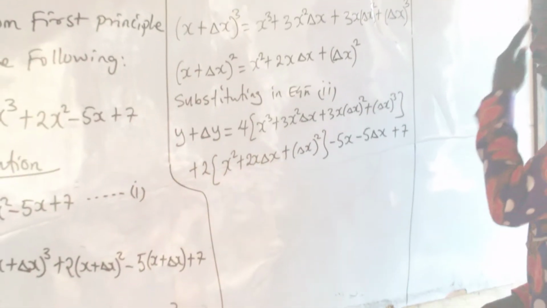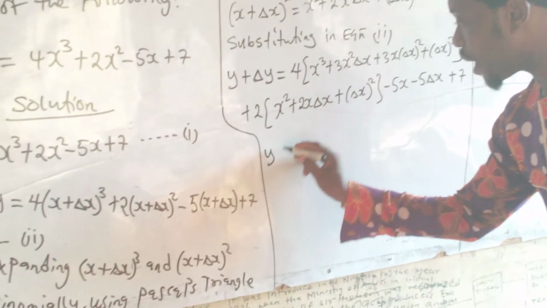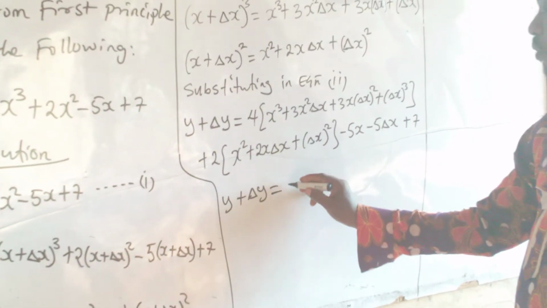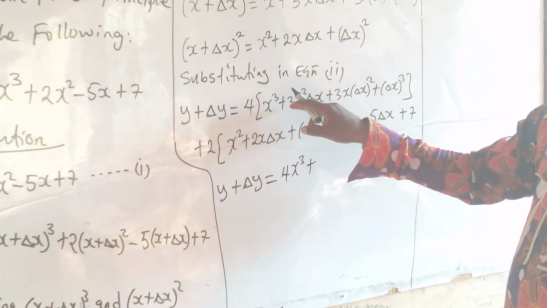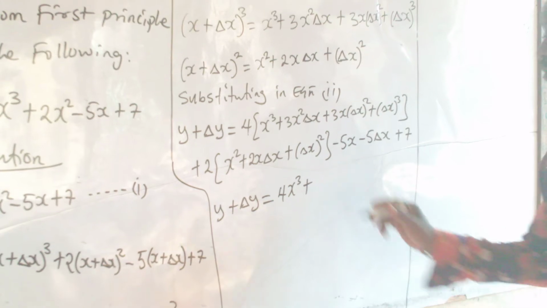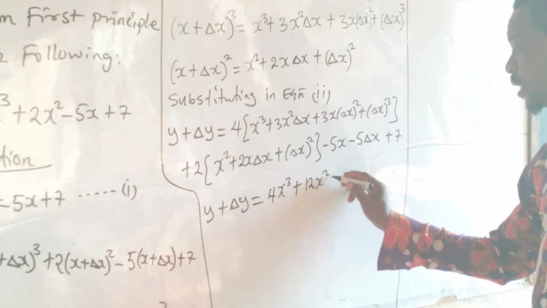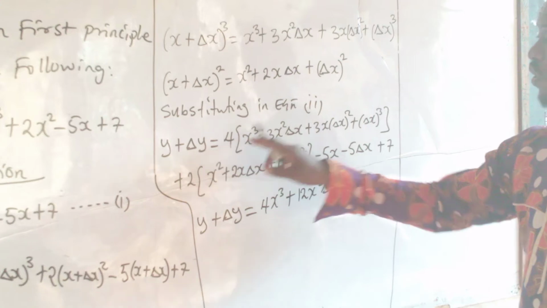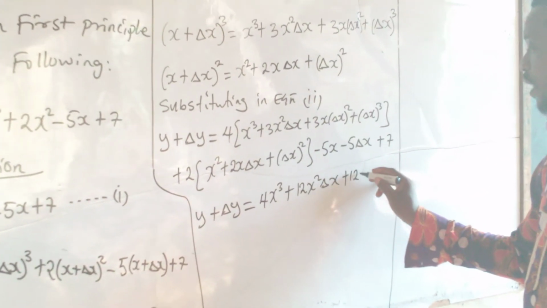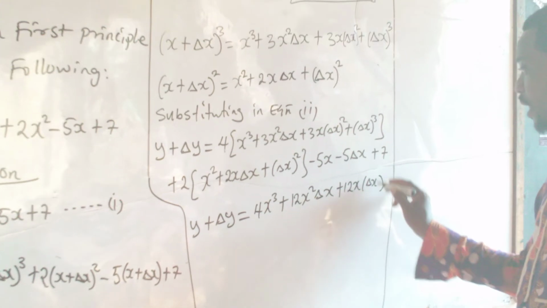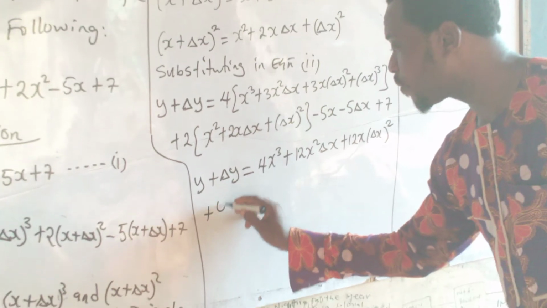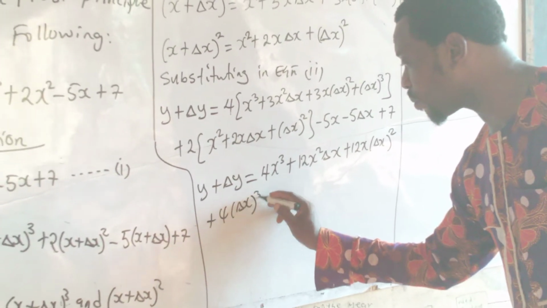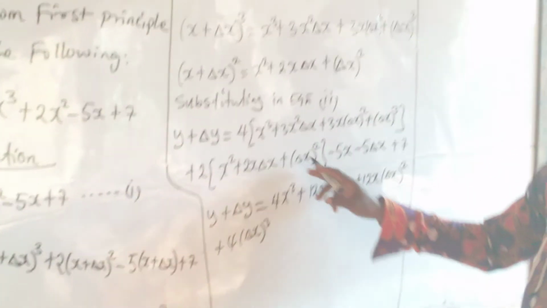This one will now open this bracket. So we now have y plus change in y will be 4 times s raised to power 3 will give us 4s raised to power 3 plus 4 times 3 will give us what? 12. So we have 12s squared change in s. 4 times 3 will give us 12s change in s raised to power what? 2. 4 times this will give us what? 4 into change in s raised to power 3. You now open this bracket.